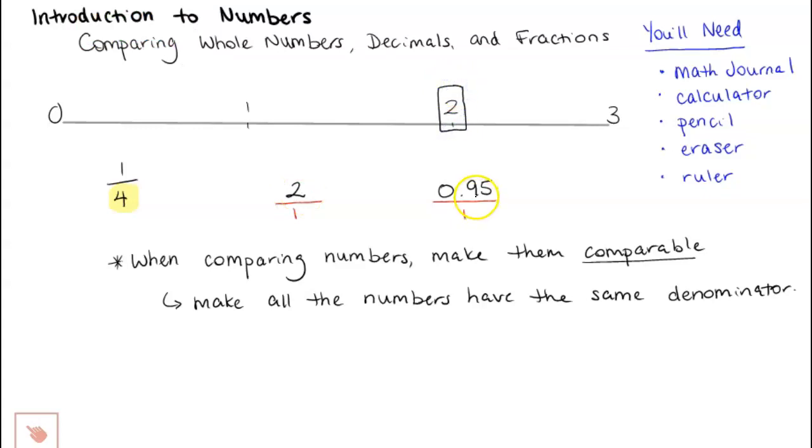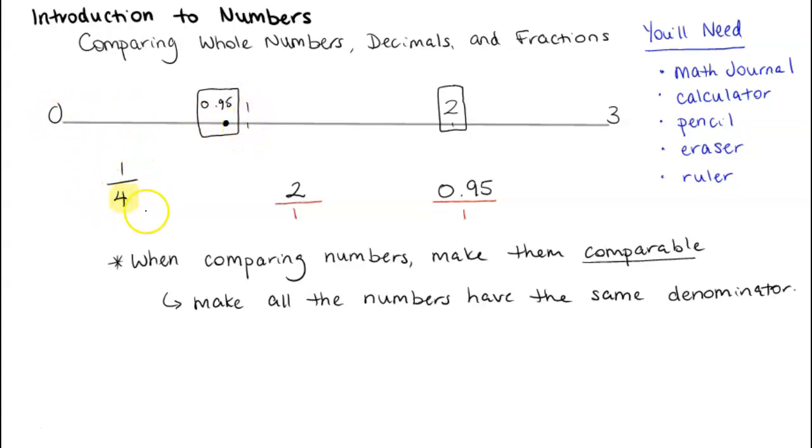And 0.95, that's just a little bit less than 1. So I would put that here on the number line. Just before the 1 mark, slightly closer to 0 than 1.